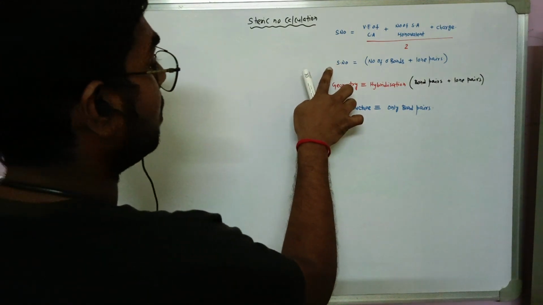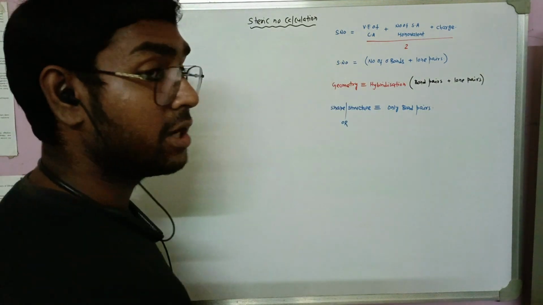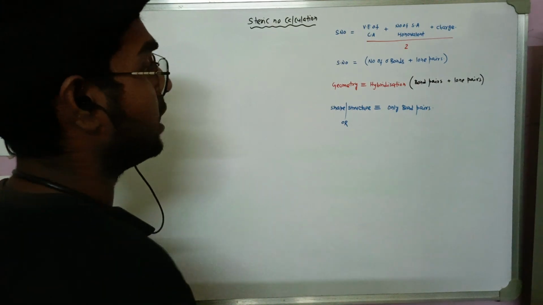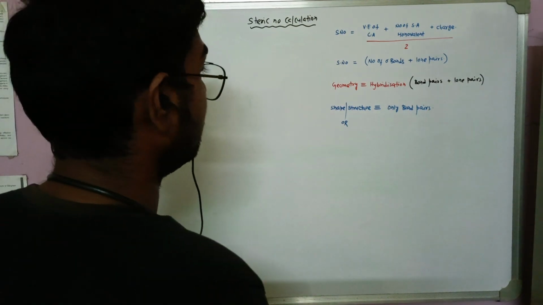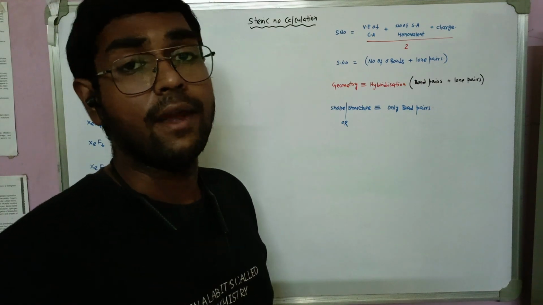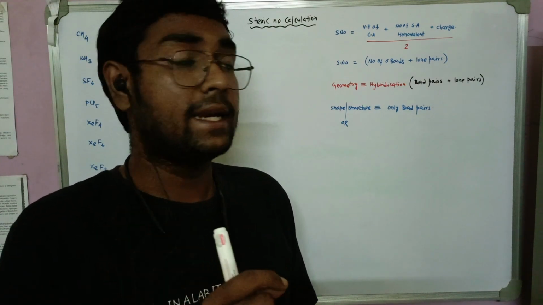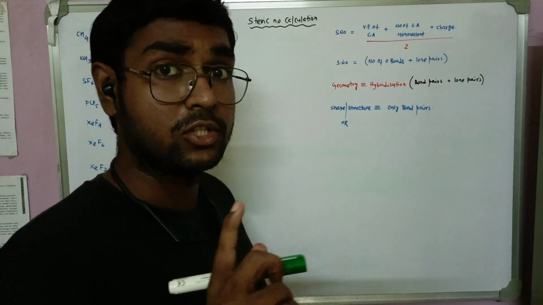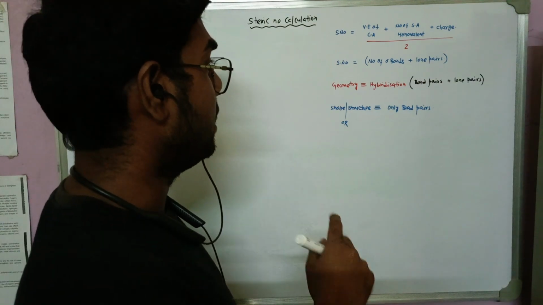Another formula we have discussed: the steric number equals the number of sigma bonds plus the number of lone pairs, because we are considering both sigma bonds and lone pairs. From the steric number itself we can find out the hybridization, and from the hybridization we can directly tell the geometry of such a molecule, because geometry only depends on hybridization. Why am I saying so?